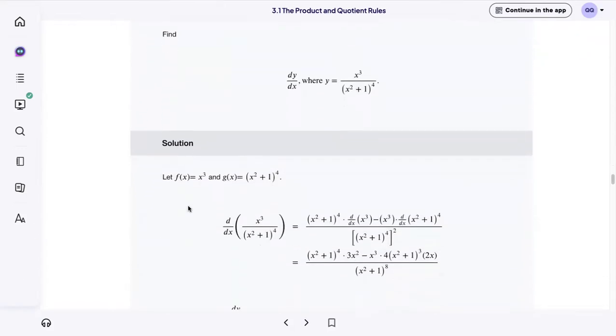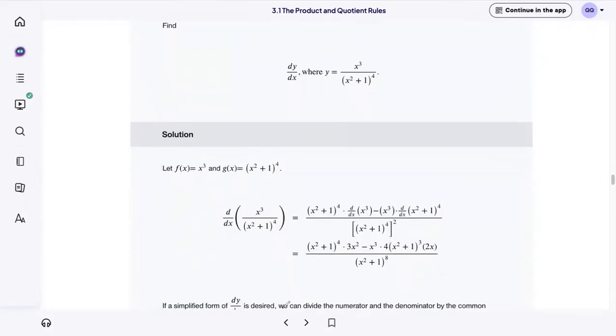Let's see more examples. Let's see this one. I could use the product rule. I have x cubed times x squared plus 1 raised by -4. So I'm just taking the derivative. This one's derivative is 3x squared. This one's derivative should be -4. 4 goes to the numerator, then times 2x, because the inside will give us 2x as derivative, then divided by x squared plus 1 raised by 5, because -4 minus 1 will be -5.